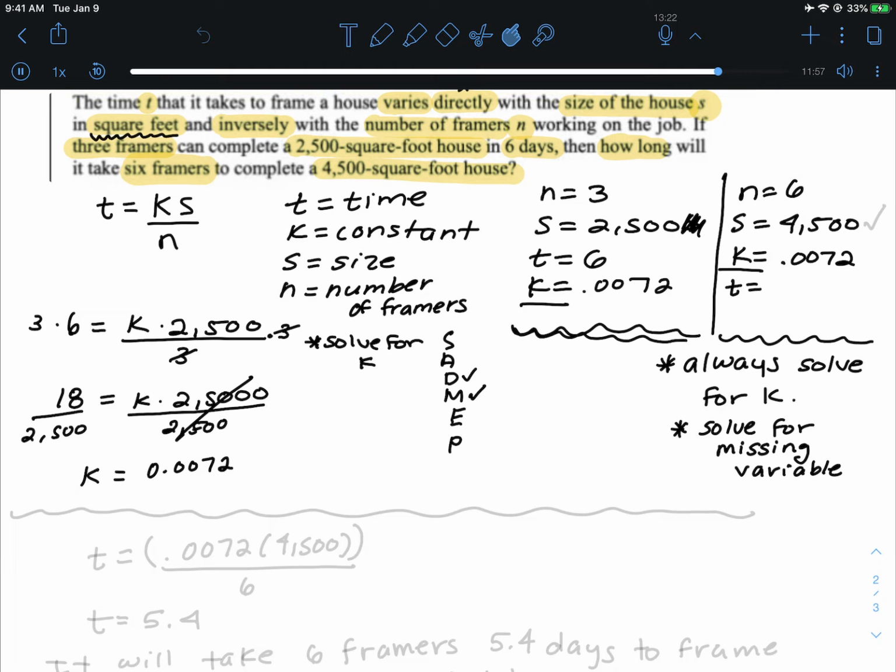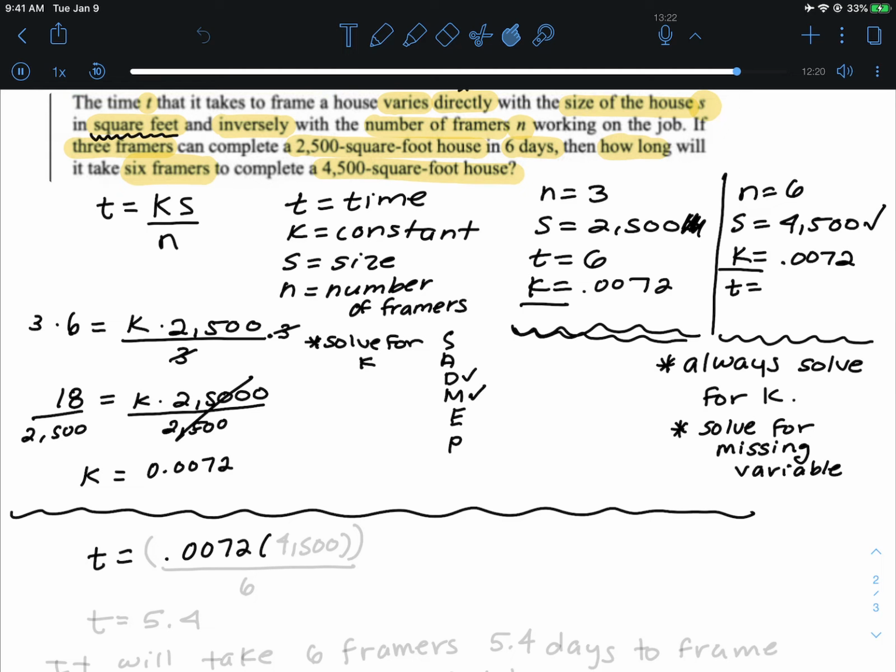So k is 0.0072. So now I can do the second part of this equation, part 2, and solve for t. So now we're going to get t equals k, which is 0.0072, times s.